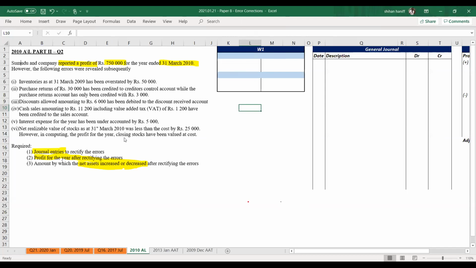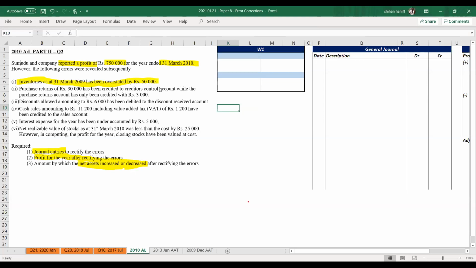So we'll start. Number 1, inventories as at 31st March has been overstated by 50,000. So if the inventory is overstated, closing stock is overstated, how do we correct it?